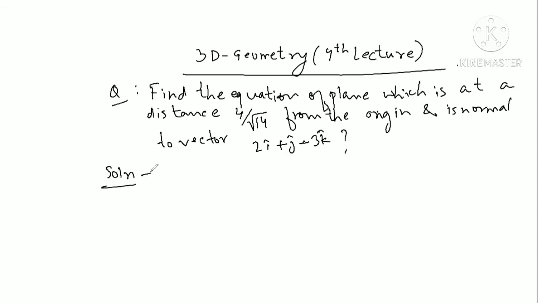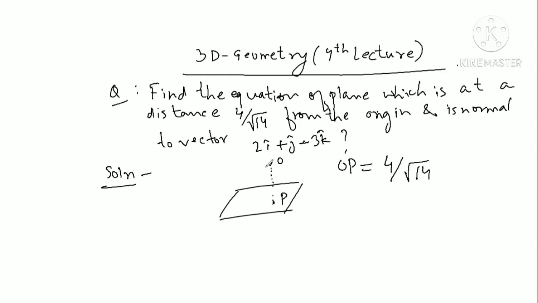Now we need to solve this. Find the equation of a plane which is at a distance of 4 by root 14 from the origin and is normal to vector 2 i cap plus j cap minus 3k cap. So we have the plane like this. We have the origin. Now the perpendicular distance, if we drop a perpendicular from O, suppose that perpendicular meets the plane at P. So length OP is equal to 4 by root 14.